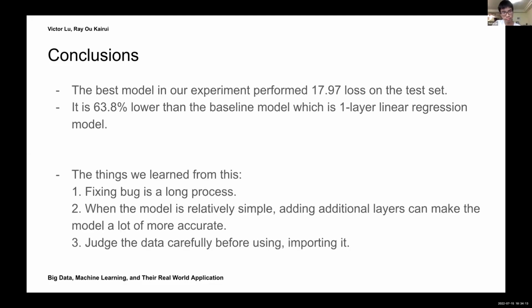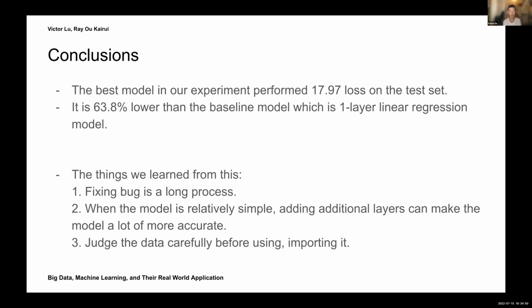Here are several things that we learned from this experience. First, fixing bugs is a long process. We were using the same code, but after we put our dataset in it, it always had a lot of errors. Fortunately, we could fix them, which showed up in our results. Also, when the model is relatively simple, adding additional layers is a good idea, and it can make the model a lot more accurate.